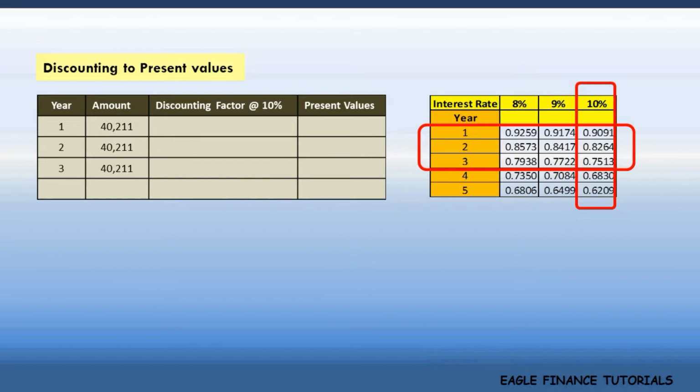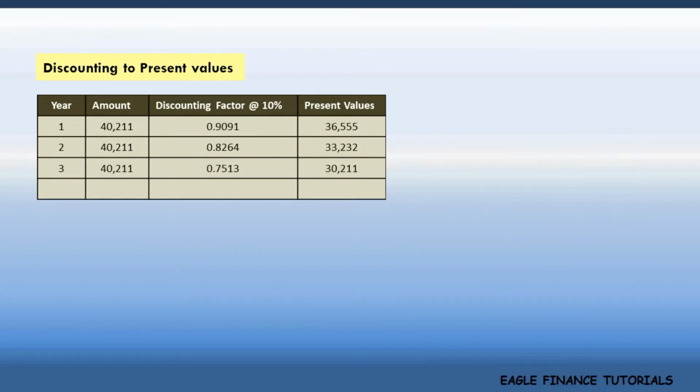We plot them on the table. Next, we arrive at the present values for payments received each of the years. Finally, we add up the present values to arrive at the total of present values. You see, the present values of lease rentals is the value of asset leased out.